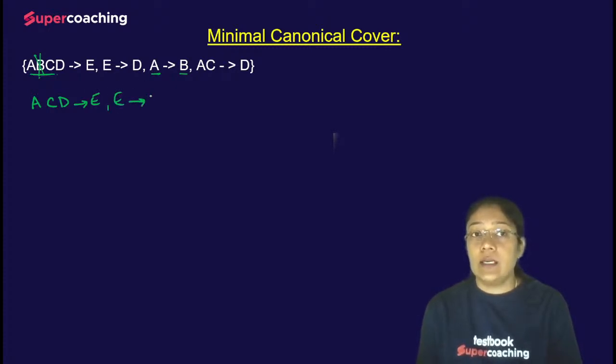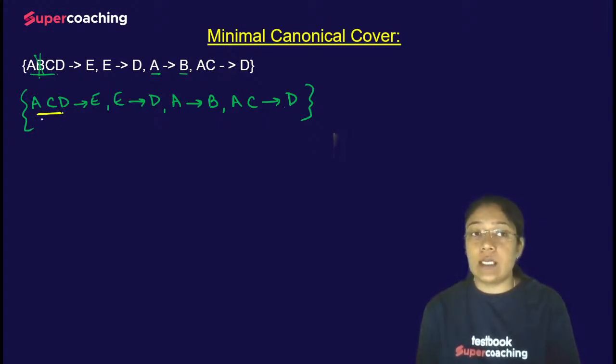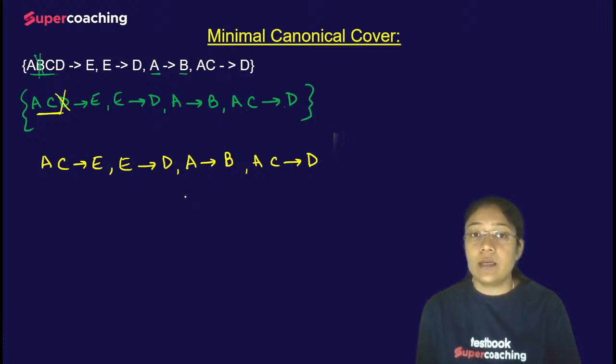E determines D, A determines B, and AC determines D. Still we have three attributes और इन तीनों attributes से मिलकर हमारे पास AC D से मिलकर हमारे पास एक dependency है. So AC determines D. This means that D will be the extraneous attribute. So I'll eliminate it. So we'll get AC determines E, E determines D, A determines B, and AC determines D. Right?